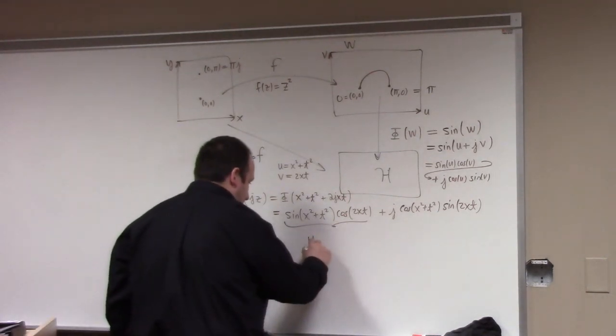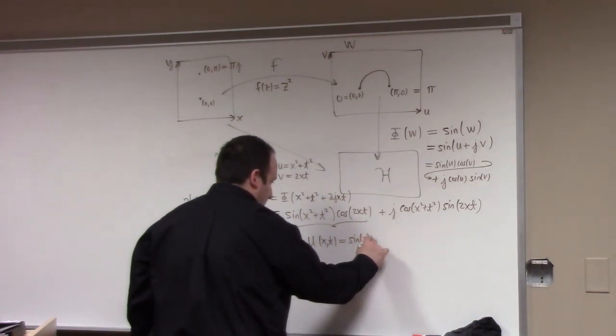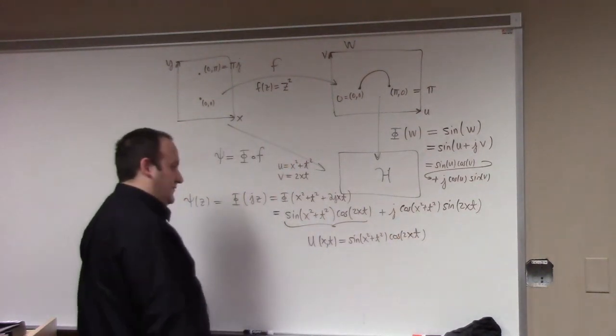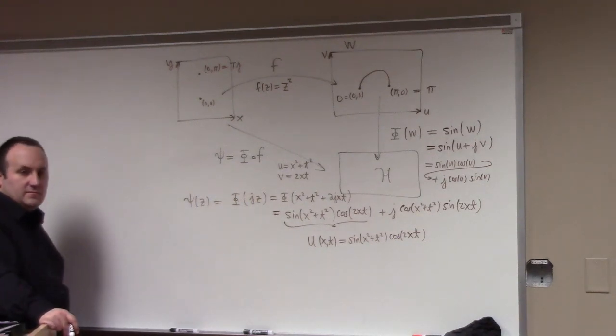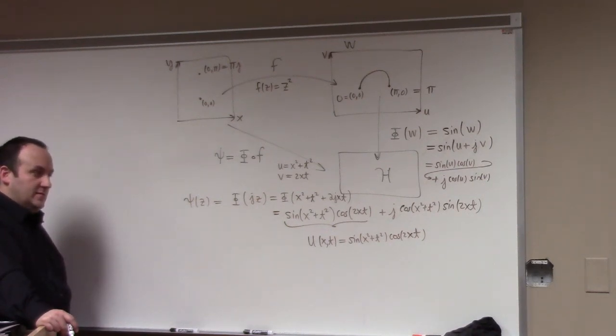If I call this thing u of x comma t, sine of x squared plus t squared times the cosine of 2xt, what on earth does that even look like? What kind of wave is that? Apparently it is a solution to the wave equation with unit speed. By construction, that will solve u_xx equal to u_tt. But it's nothing I've ever written down before in the study of such things.